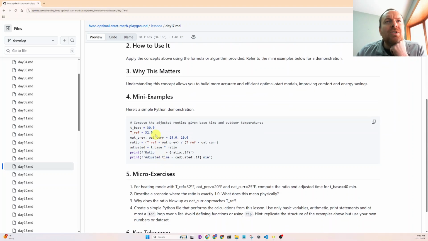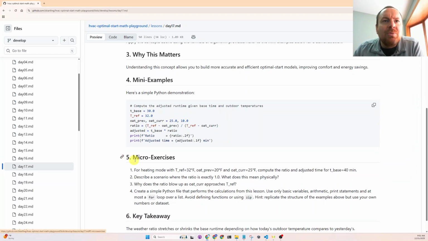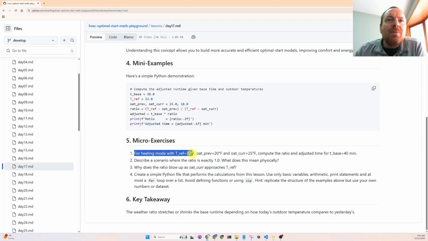Tref, what was Tref again? So many of these. Okay, so for heating mode, T reference is 32 degrees, and for cooling mode in degrees Fahrenheit, it's 100 degrees Fahrenheit. The white paper describes these as a reference point at which the HVAC system could run continuously. They're saying at 32 degrees outside in Wisconsin, that's not that cold.